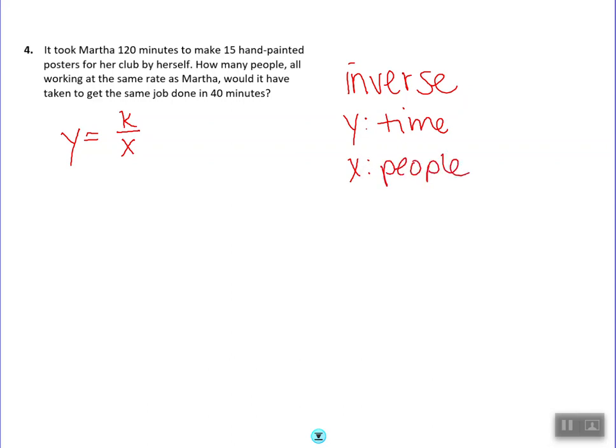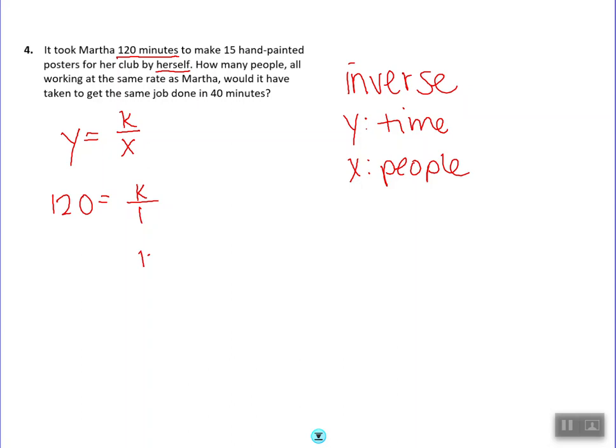So, I know that Martha took 120 minutes to make the posters by herself. So, it took 120 minutes when there was only one person working.